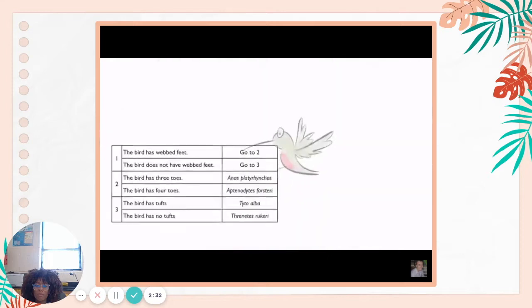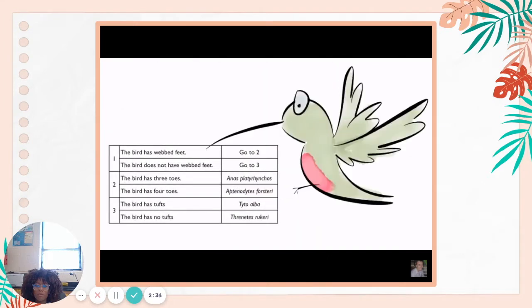Take a look at the hummingbird. To use a dichotomous key, start at number 1. At number 1, it's asking us to observe the feet of the bird. A hummingbird does not have webbed feet, so we'll go to step 3. Step 3 has us examine the bird's tufts. Our bird does not have tufts. We just figured out the scientific name.